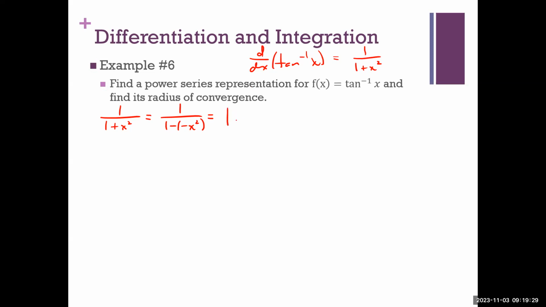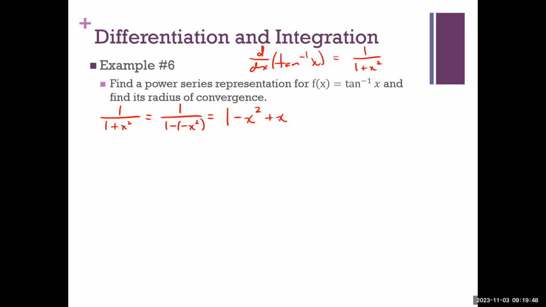How do you know the first term is 1? The numerator. The numerator is 1. Good. What's the common ratio? Negative x squared. So multiplying that by 1 should give you the second term.